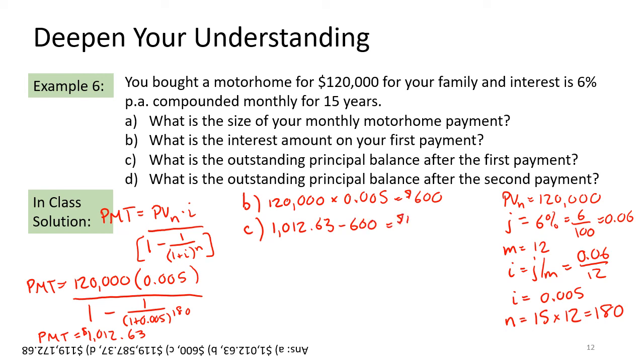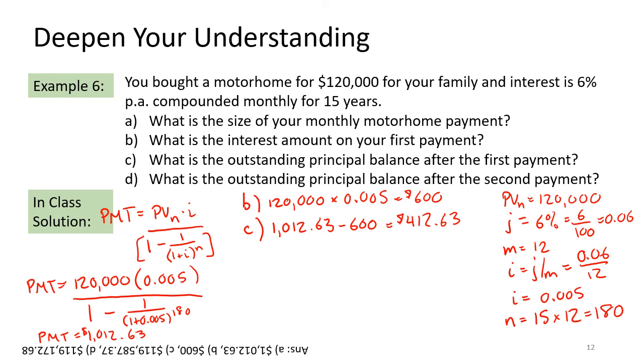So that means we're paying $412.63. What you'll notice here is that more than half of your payment is actually going to interest, $600 versus only $412 to principal. And that is something you'll see is very common for long loans. A great example of that is having a 25-year mortgage. When you start your mortgage, most of your payment will actually go to interest.